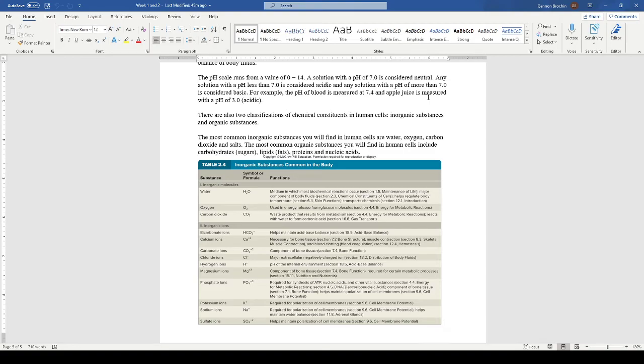And we have other things like bicarbonate, which is big. Bicarbonate kind of neutralizes hydrogen ions.